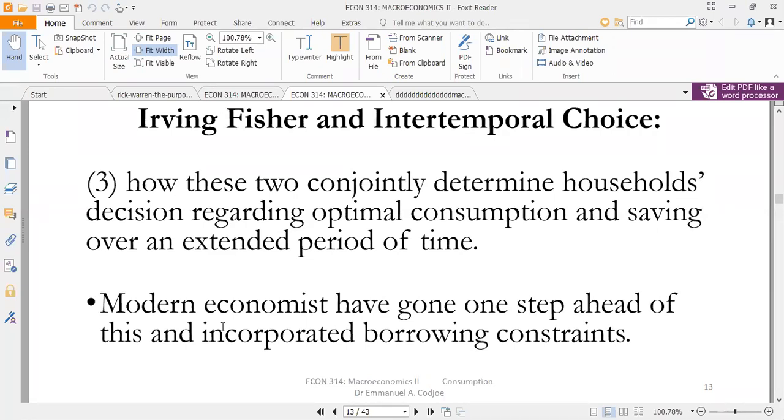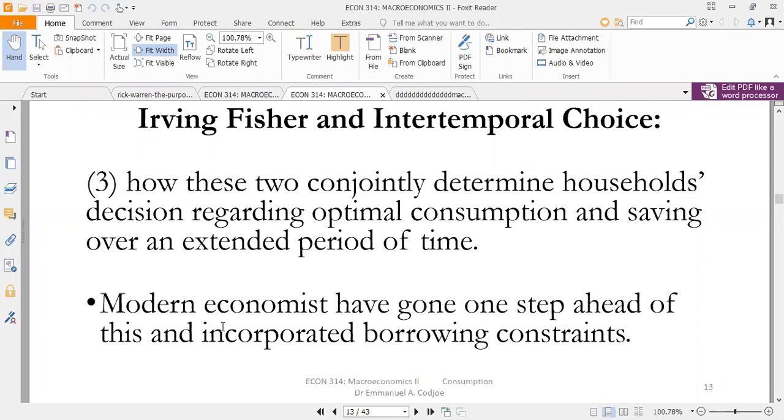Okay, now if you want to consume more today, then it means that you are consuming more than your income, what you have today, but you are expecting that in the future you get more money so that you use that money to pay for whatever consumption that you spent over income. So you are able to borrow. But later on, we'll bring a borrowing constraint and then we'll see what will happen to this consumer.